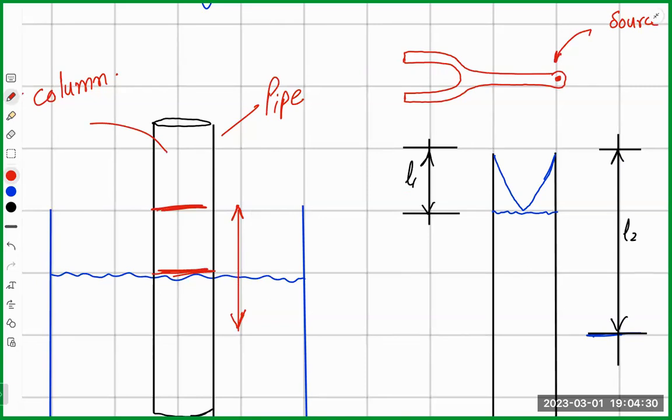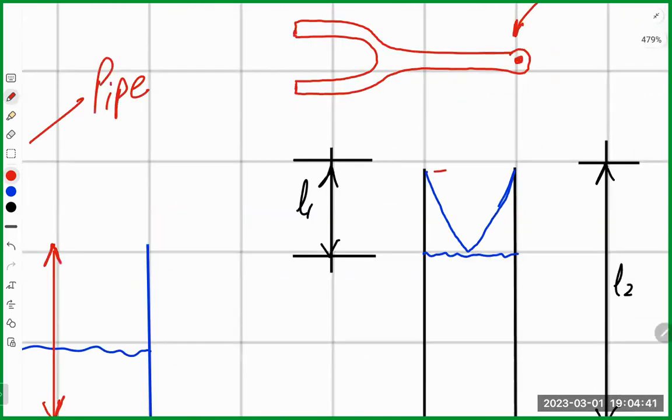And when we see the first stationary wave over here, what is the symbol? How do we know that there is a stationary wave established in the pipe? Answer is we hear a loud sound, because you can see this is an antinode.